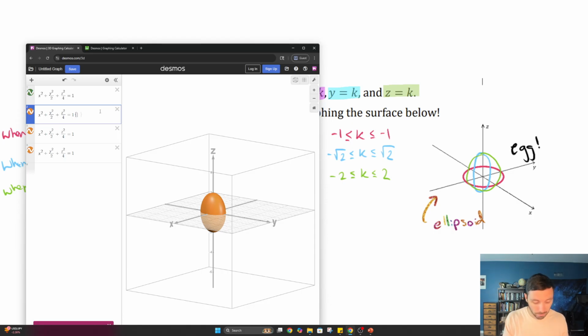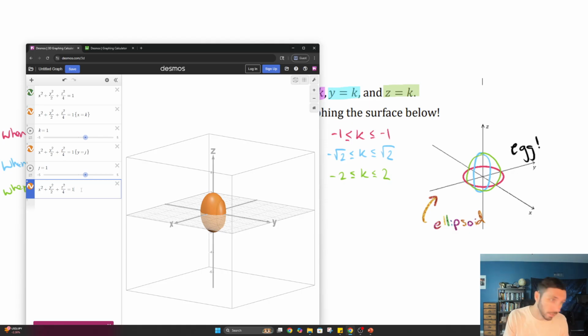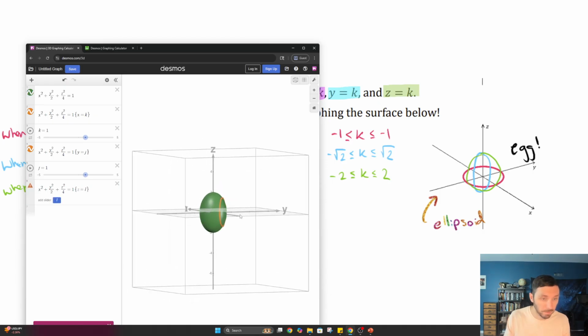So this is when x is fixed to k. I'm going to use different letters for the other expressions because they have different domain restrictions. I'll say this is when y is restricted to j. And then this is when z is equal to L. You can kind of see what I'm getting at here, right?